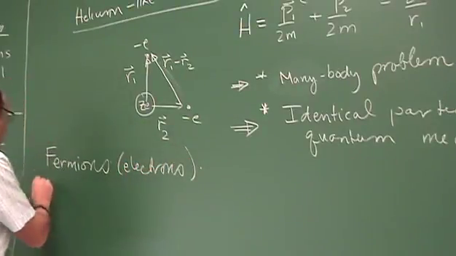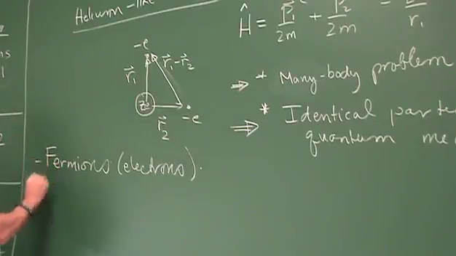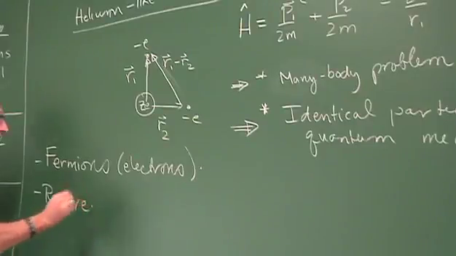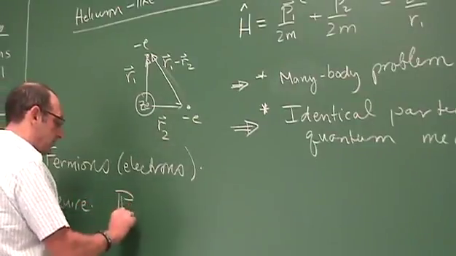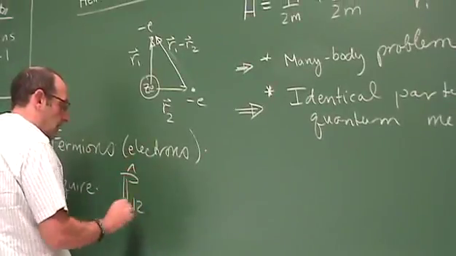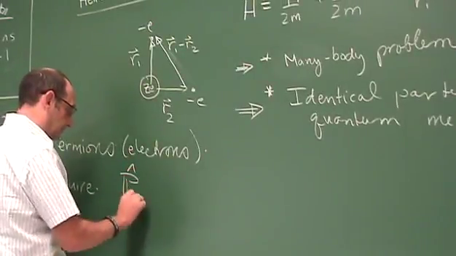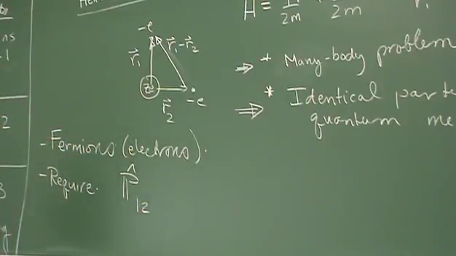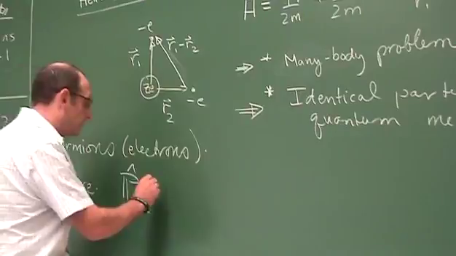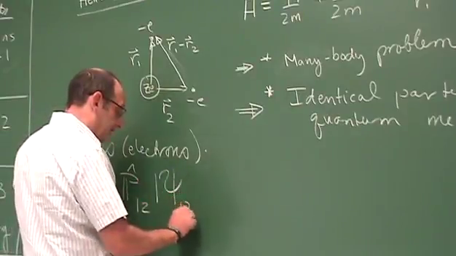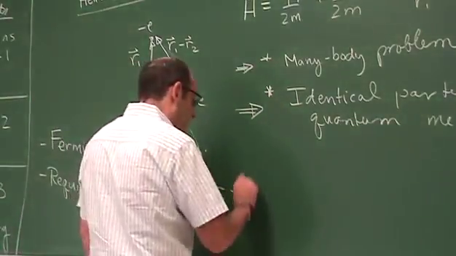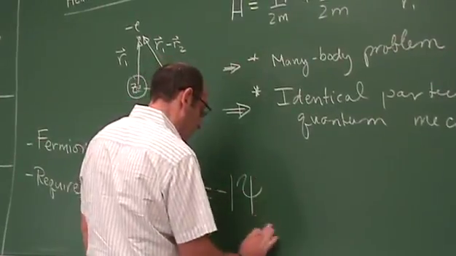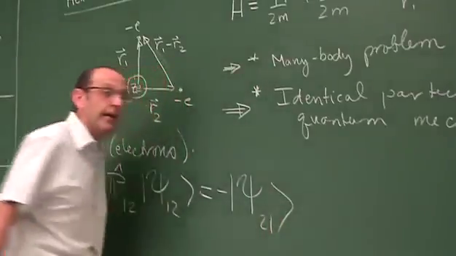And so we have the requirement that if I exchange any two, well, in this case, let's just say we have 2 electrons, electron 1 and electron 2, whatever the state of the system, the state must pick up a phase of -1 if we exchange them.